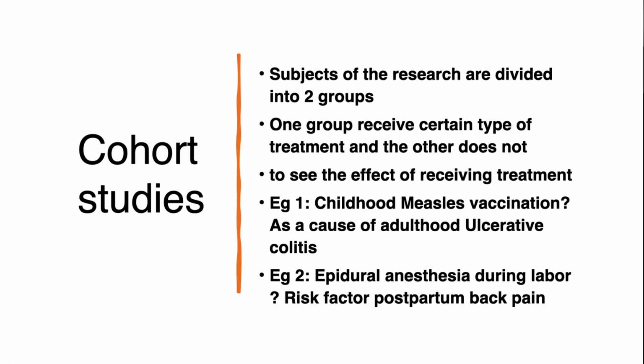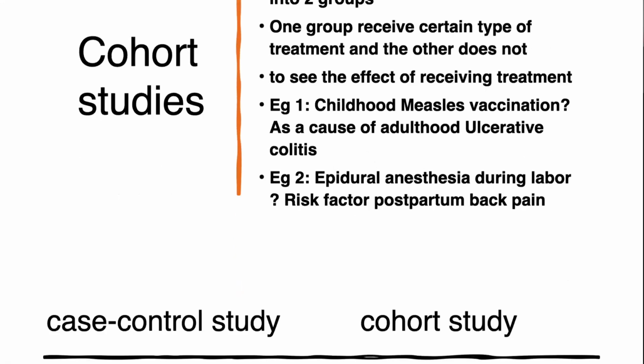So therefore, the cohort studies can not only predict the direction, not only establish a relationship between cause and effect, they will also give the magnitude of the effect, but involve a large cohort of subjects.